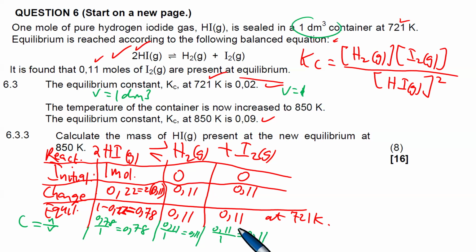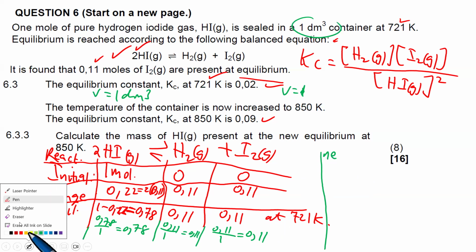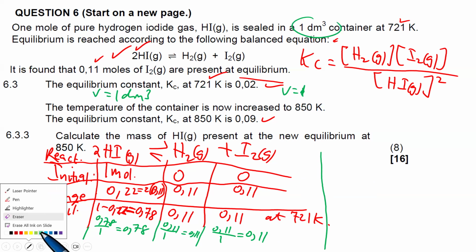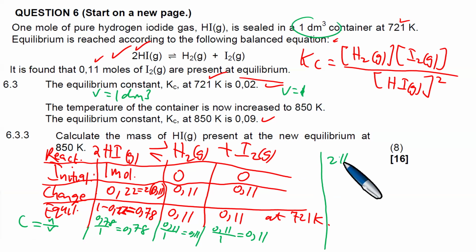Now this table is extended. When the temperature increases, there's going to be a new extension, so there is a new equilibrium. 2 hydrogen iodide gas, iodine.